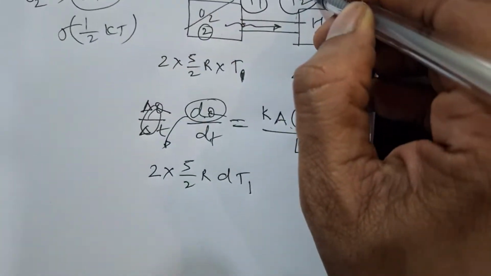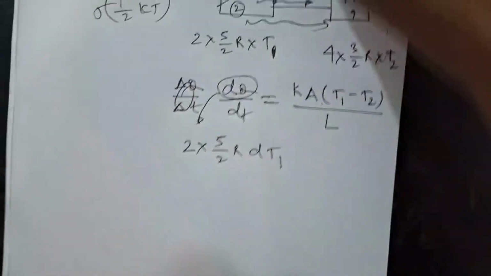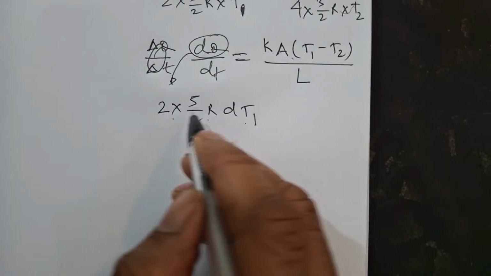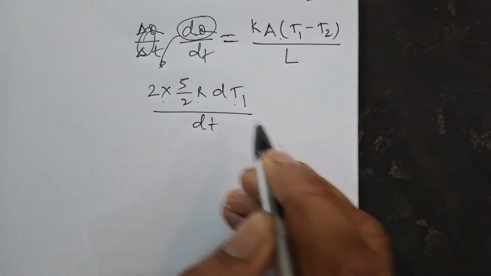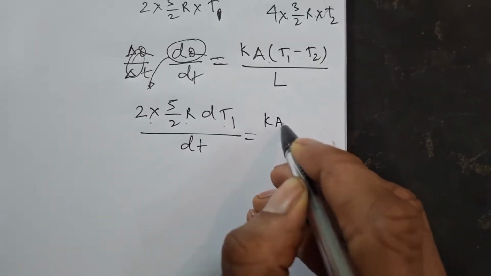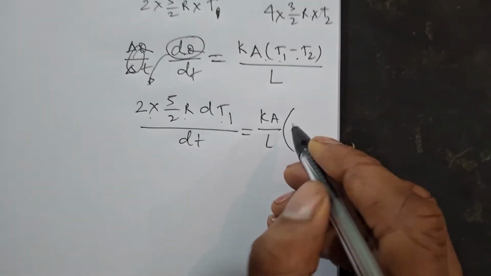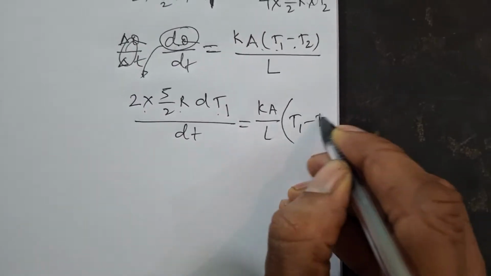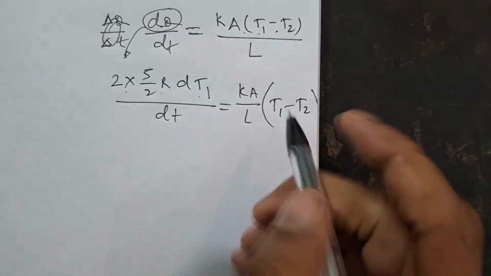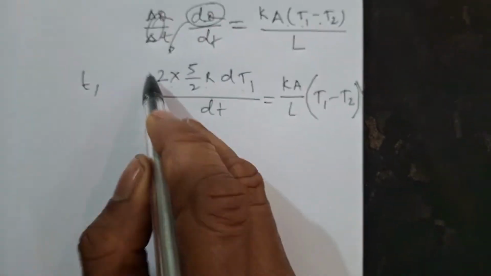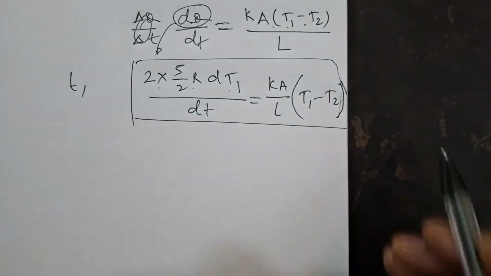Because this is variable and this is also variable, but heat is rejected in this direction. So this is n CV dT divided by time, we need to find time, divided by KA over L. Please convert into a single term. These are the variables at any time t. This is the equation.